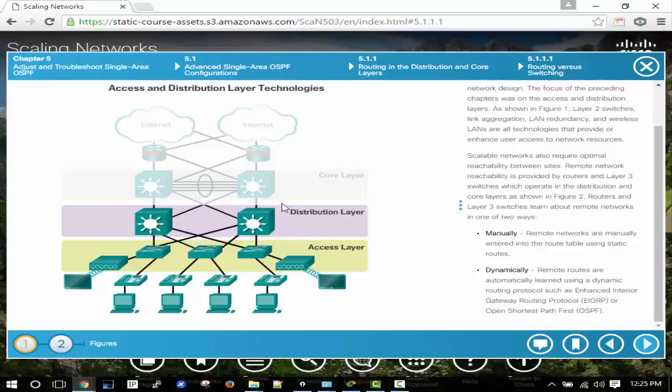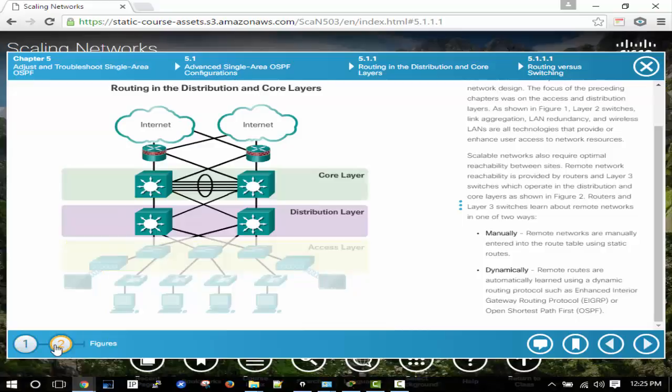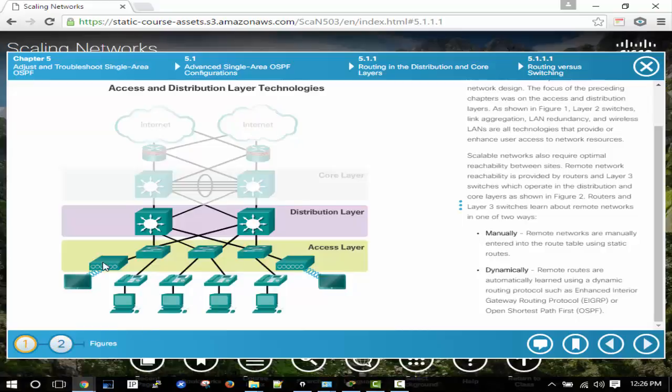Holy cow, in this network, it probably wouldn't be very much fun, especially when we get to this core up here. If we're routing up here, all of this is probably layer 2, and everything going down too.